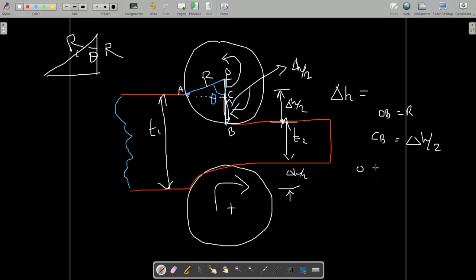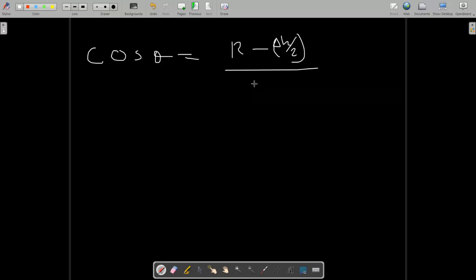So what is OC? R minus delta h by 2. Now use the cos theta equation. Hope you guys understand here. Cos theta is equal to r minus delta h by 2 upon r, the hypotenuse.